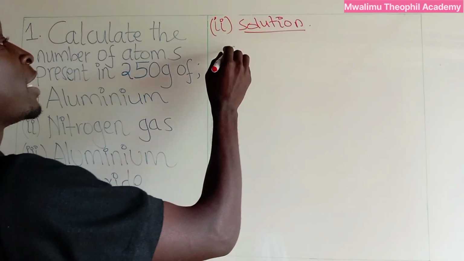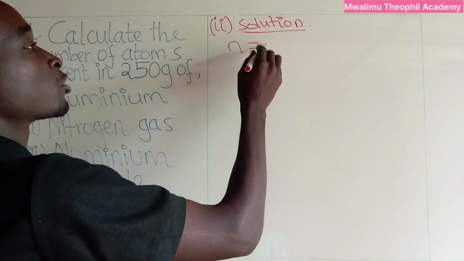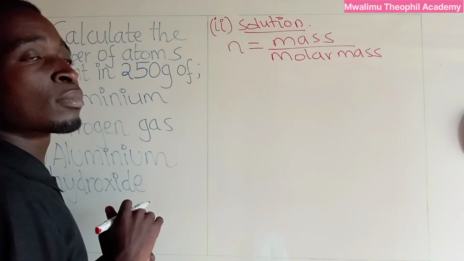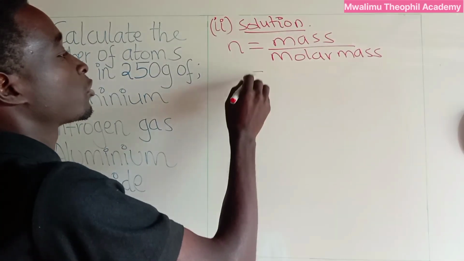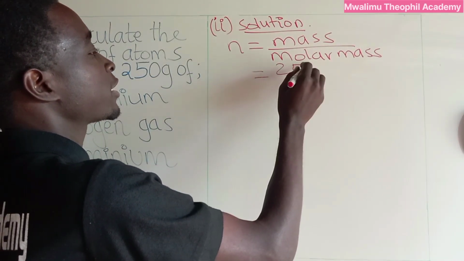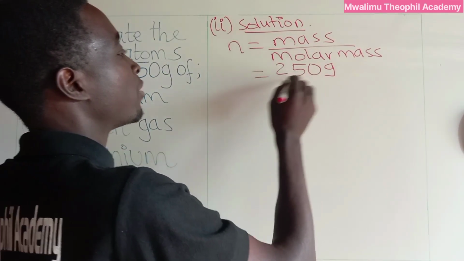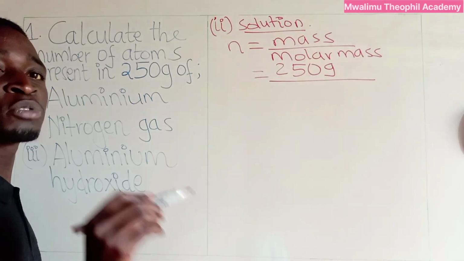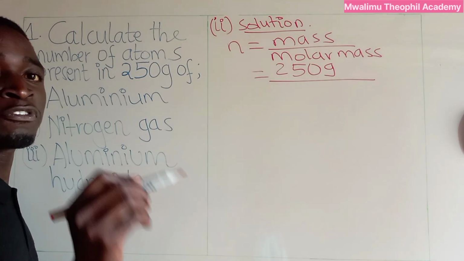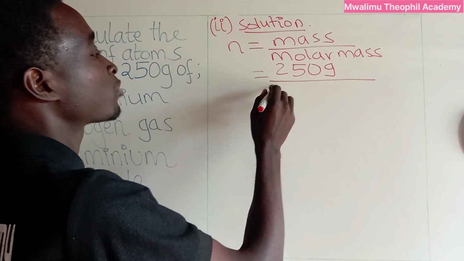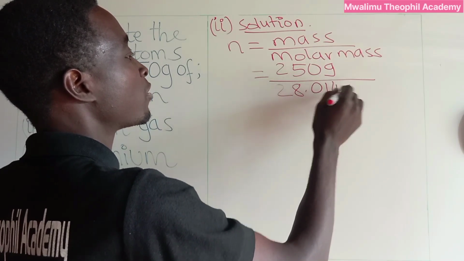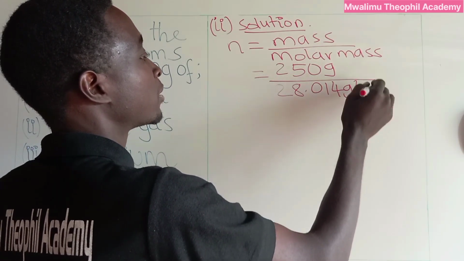As we have said, the number of moles is equal to mass over molar mass. This will be equal to 250 grams over the molar mass of nitrogen gas, which is 28.014 grams per mole.